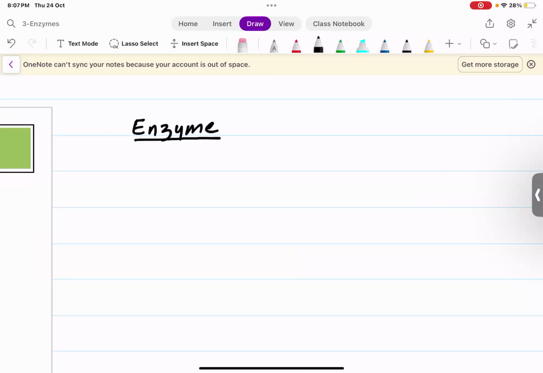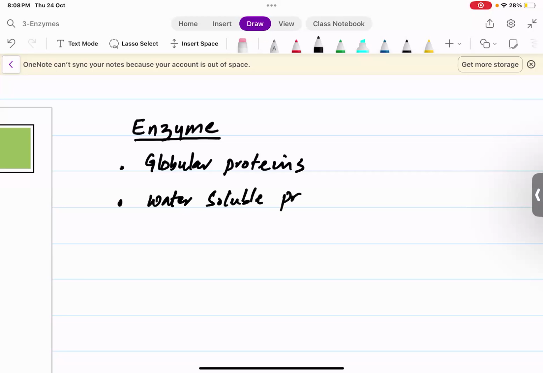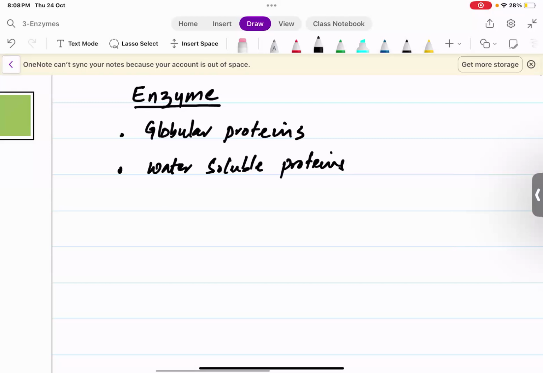Enzymes are globular proteins in nature. These are water-soluble proteins. And they have tertiary structure.